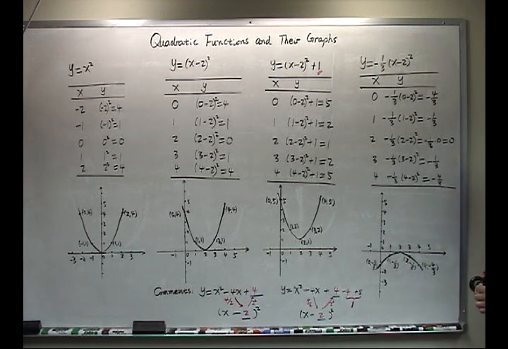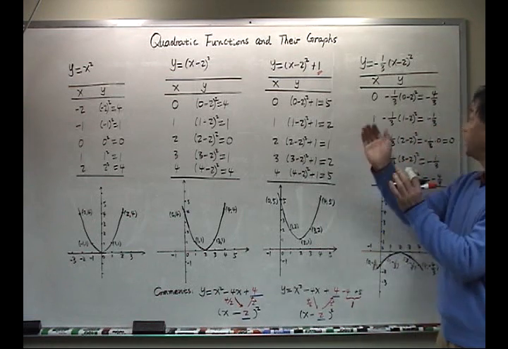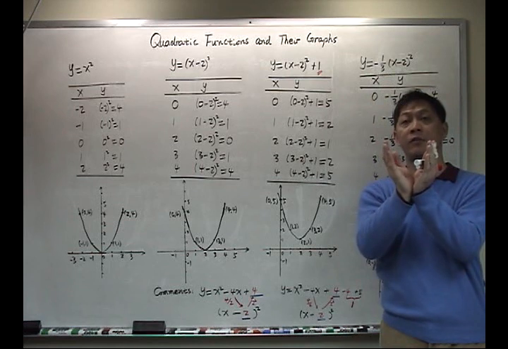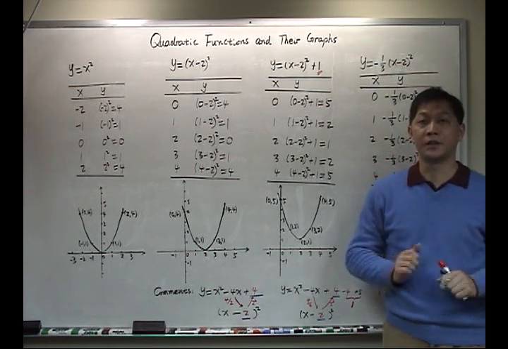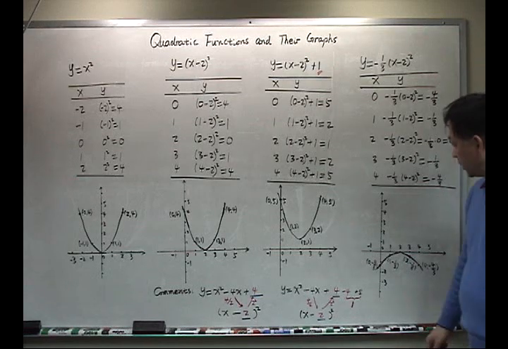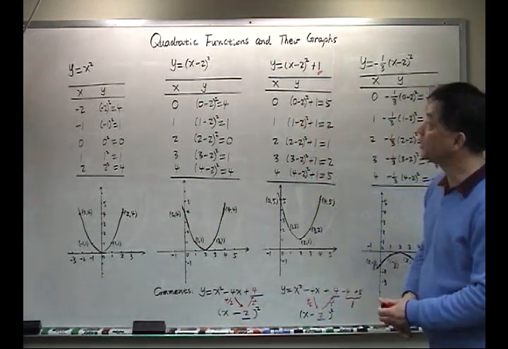It's like a bowl like that. If you have the coefficient negative 1/3, then the picture will be like from here to here, like that. So those 4 pictures are very typical.